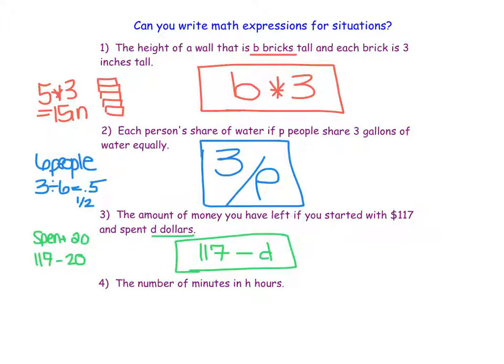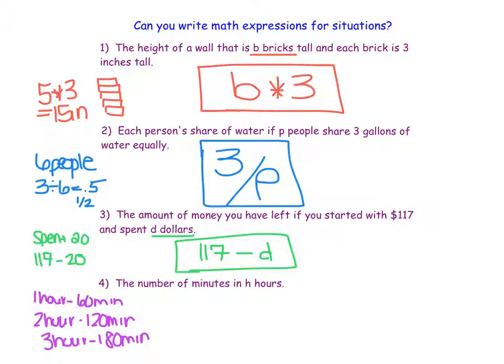Then this last example, we have the number of minutes in H hours. So if I think about this again in terms of a real world situation, in 1 hour, I know that I have 60 minutes. In 2 hours, I know that I have 120 minutes. In 3 hours, I know I have 180 minutes.